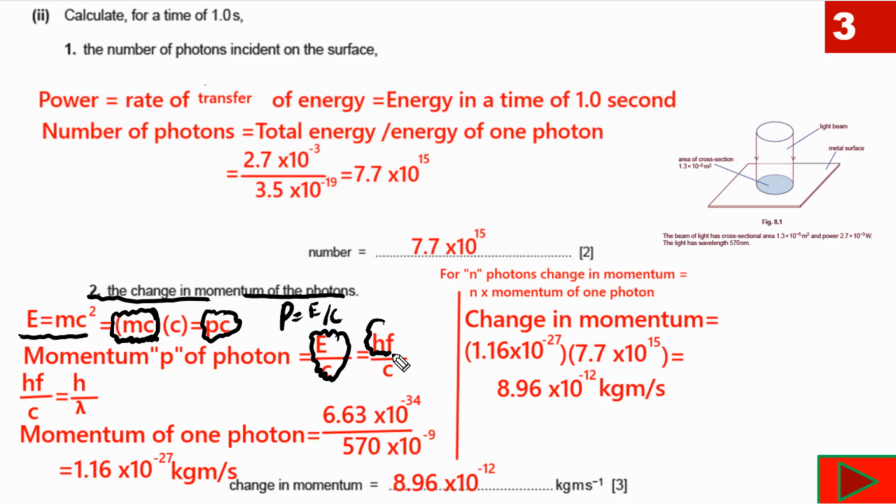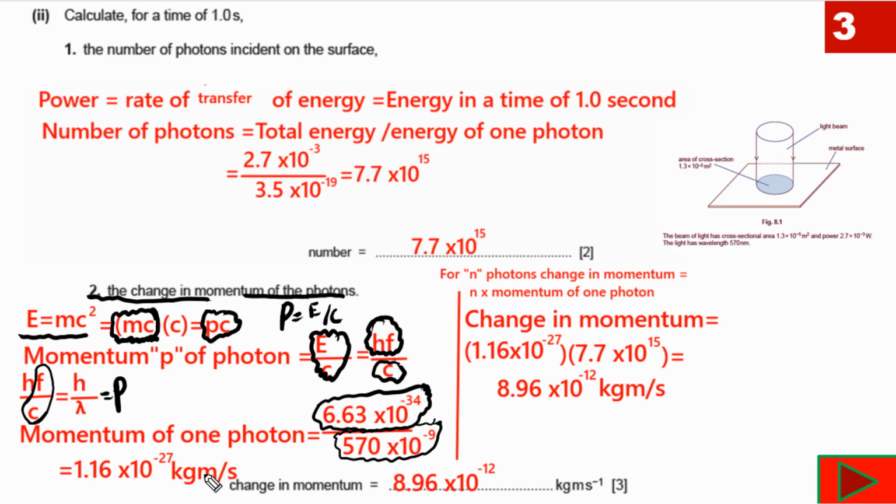E is equal to hf, so we can say this is hf over c, and this is equal to the momentum of the photon. And f over c, we simply understand this is equal to 1 over lambda. So we can say the momentum of a photon is simply equal to h over lambda. So here you can see we have just plugged in the value of h. h is Planck's constant, and this is the value of lambda of the light.